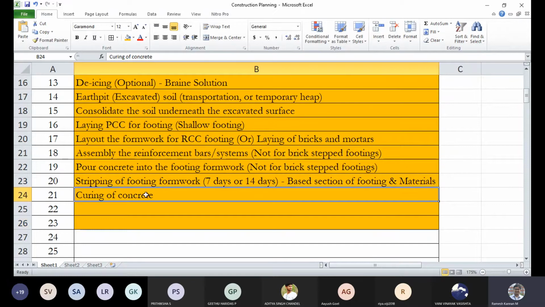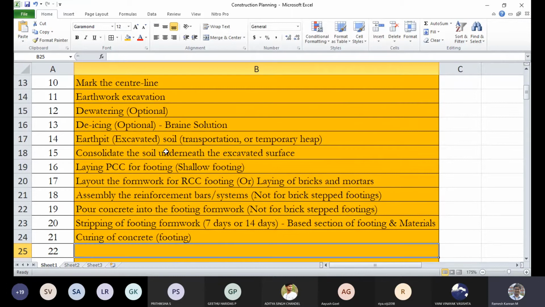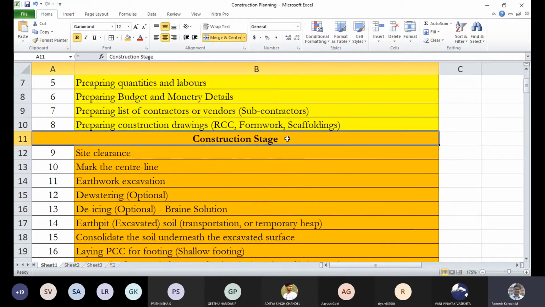Then curing of concrete, which is the footing, and something like that. Okay, so this is something, and very important thing. And you can call this construction stage 1, and you can call substructure, or you can even call construction stage 1.